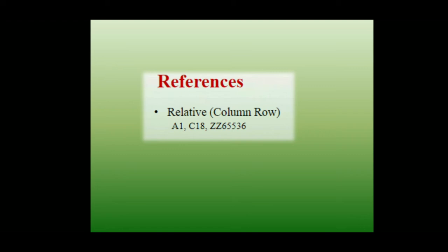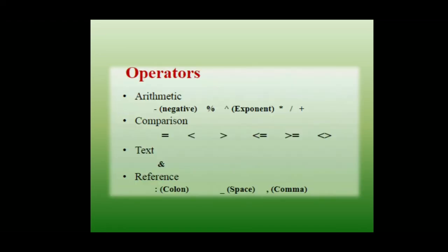But if you are using a single cell, then only the alphabet of the column and the number of the row is enough. As you can see in the example, A1 is a cell reference, a single cell. C18 is also a single cell. And ZZ is also a column, as I told you the Excel sheet can go to any extent, and 65536 is a row number. So these are the references which we are going to use in the formula.